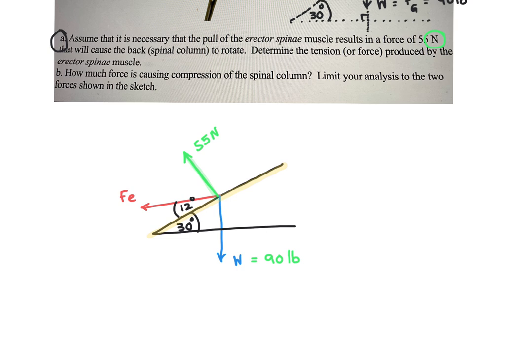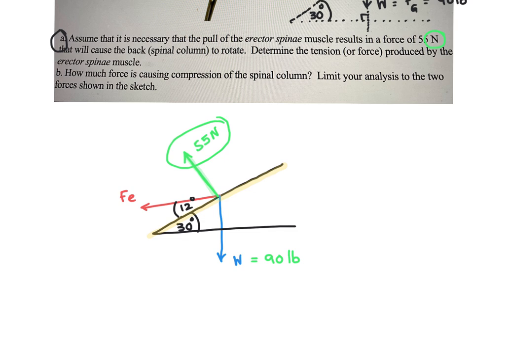Now, what exactly does this mean? If you pause the video and read the problem again, this is what it says. Assume that it is necessary that the pull of the erector spinae muscle, which is this, results in a force of 55 Newton that will cause the back to rotate.